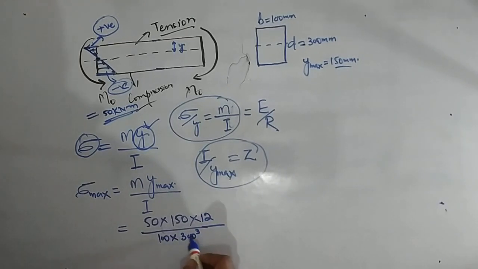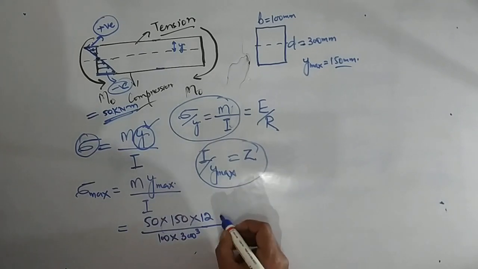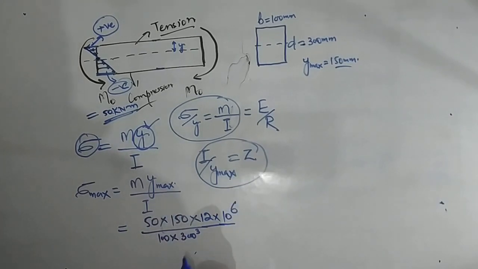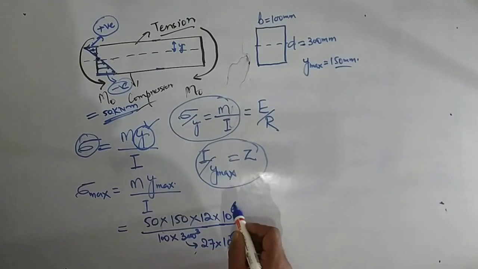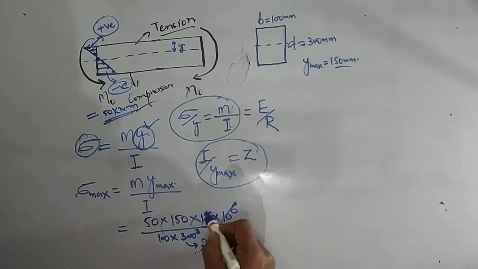Since these dimensions are in mm and my moment is in kilonewton meter, I'll convert it into newtons and mm, so 10 to the power 6. Now this 300 cube will be 27 into 10 to the power 6. So 10 to the power 6 and 10 to the power 6 are gone. I'll be left with 9 here, 4.